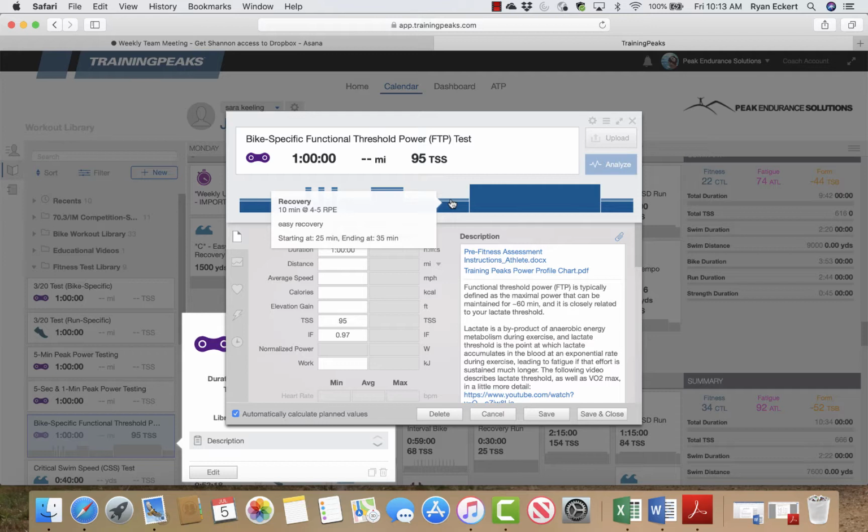So if you don't have a trainer and you do this outside, just make sure you find a piece of road with minimal turns, minimal climbs, and no stoplights. And then make sure you do it on that same section of road every time you do the test.